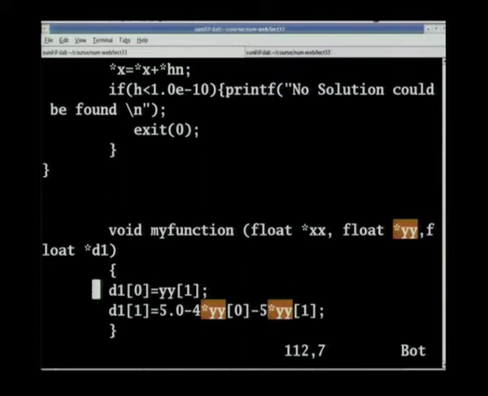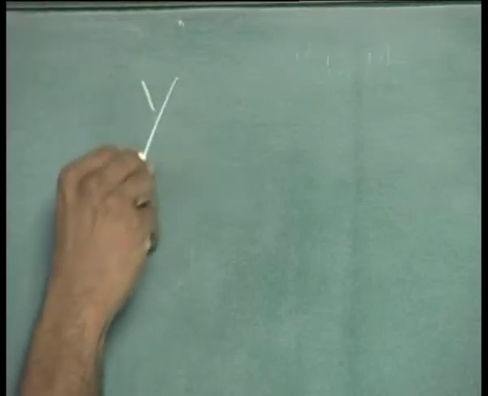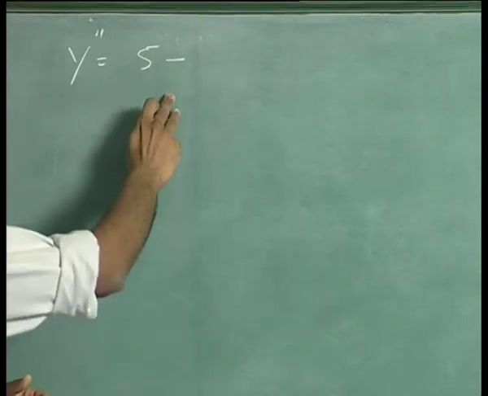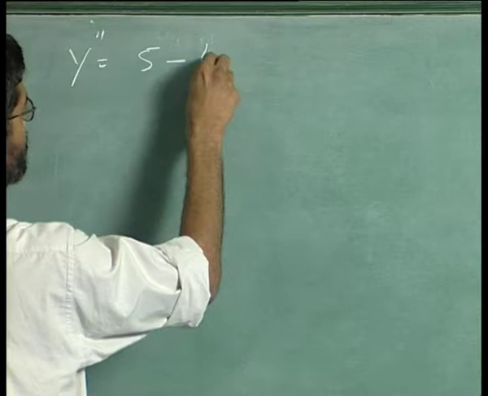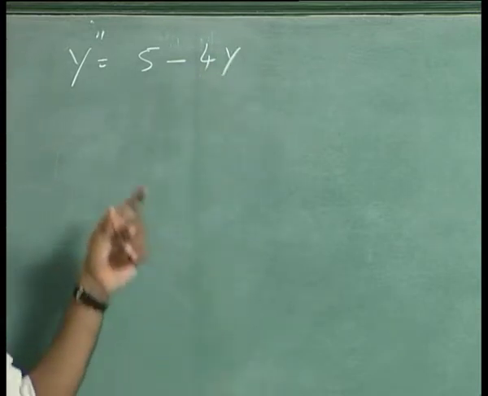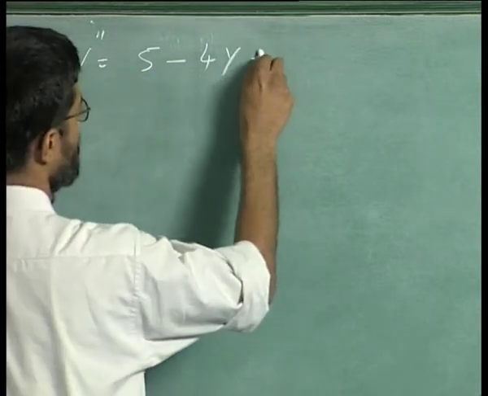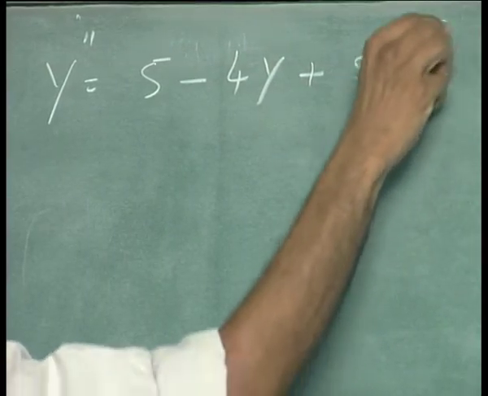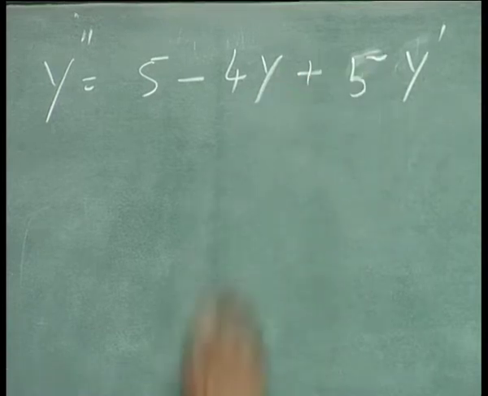Now I split that function into 2 first order equations. Let me write the second order equation and then split it into 2 first order equations. The quantity which we want to solve is y double prime equal to 5 minus 4y minus 5y prime.